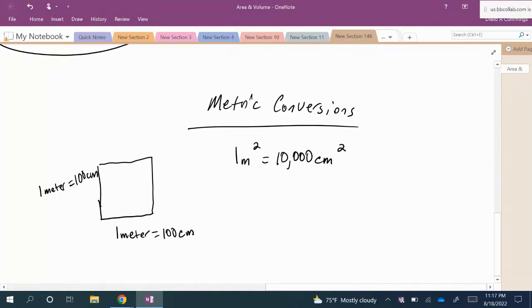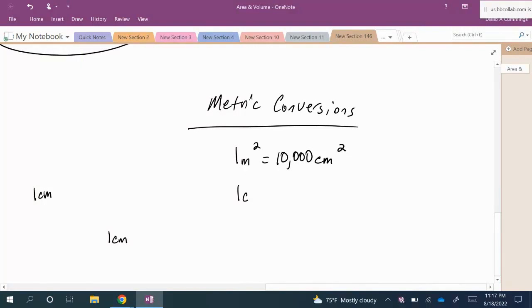So we'll just write out one more conversion. So let's just say we're dealing with a centimeter on each side. So 1 centimeter times 1 centimeter is 1 centimeter squared.